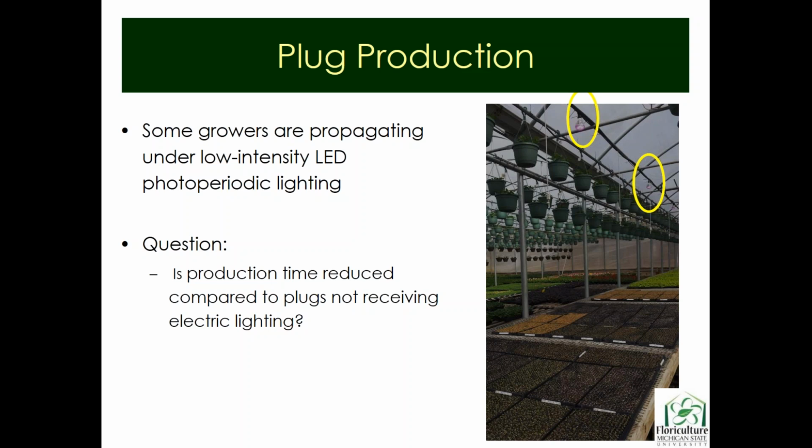Others are purchasing basically LEDs at a big box store. And we've asked growers, why are you utilizing these lights during propagation? Some growers have said that compared to not utilizing light, they see a reduction in production time by about a week.